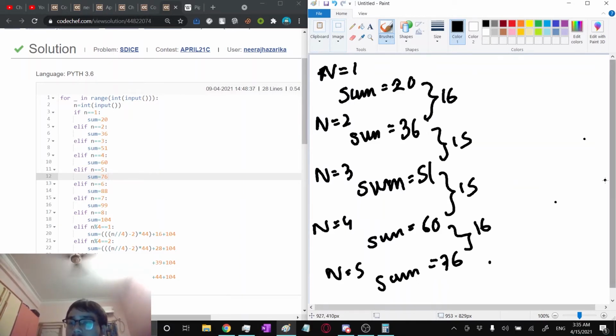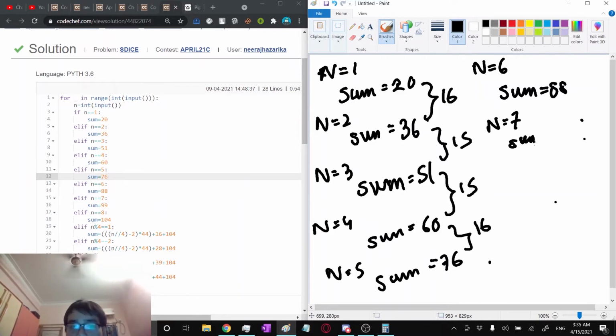And if we go on like this, let's see, n equal to 6, sum equal to 88, n equal to 7, sum equal to 99, or 88 minus 76.